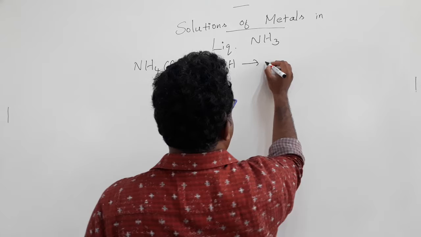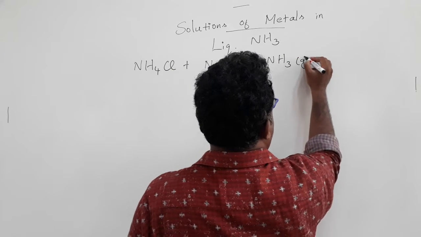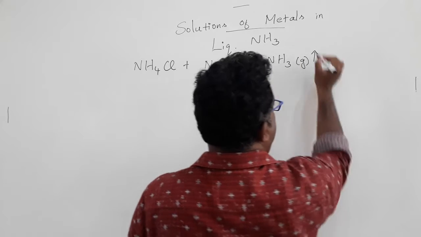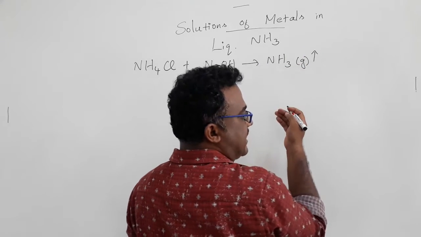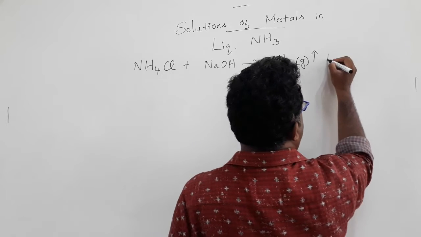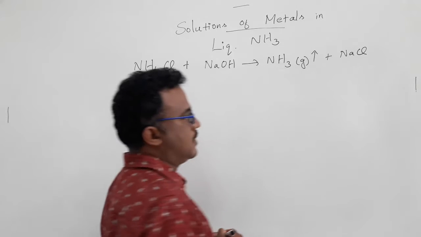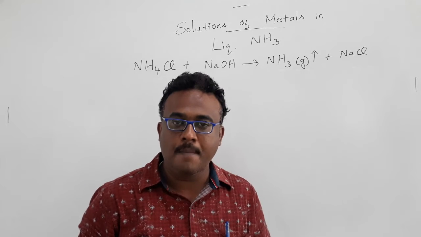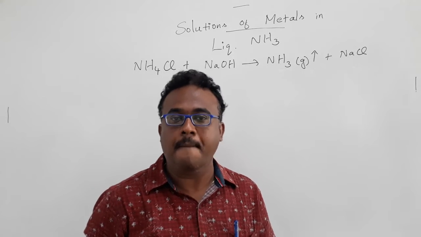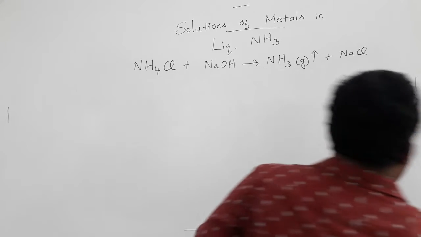You can get ammonia gas. If you condense this with liquid nitrogen, you can get liquid ammonia, plus sodium chloride plus water molecules. This is the very easy way to prepare liquid ammonia in the laboratory.